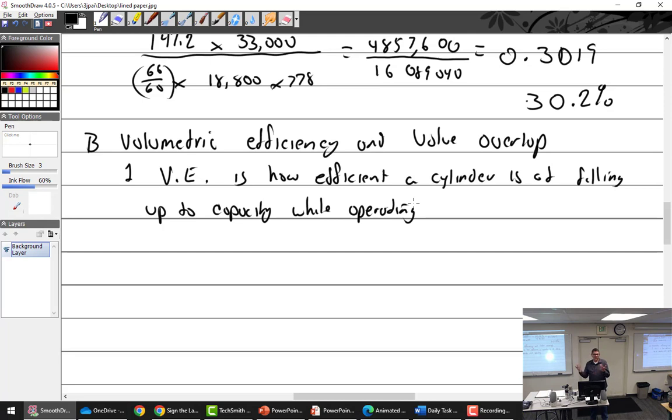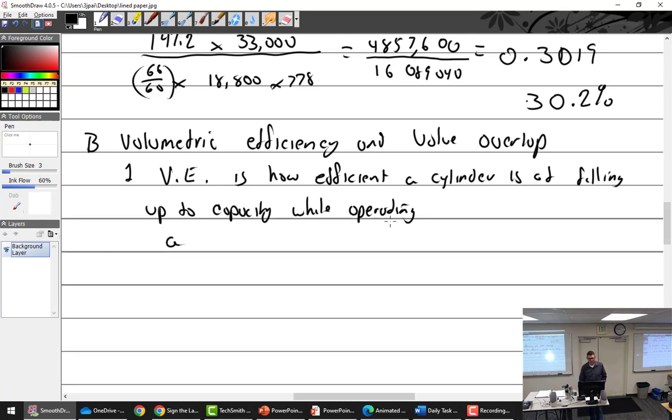Multiply that times 6, you'd end up with 470 cubic inches. Well, that's how much air should be sucked into it, but how much air really goes into it? If it was 470, it would get X number of horsepower, but if it's really only about 400, I mean, you're missing a bunch of horsepower. If it's 200, that's a lot of horsepower loss. So you want to get that air into there.